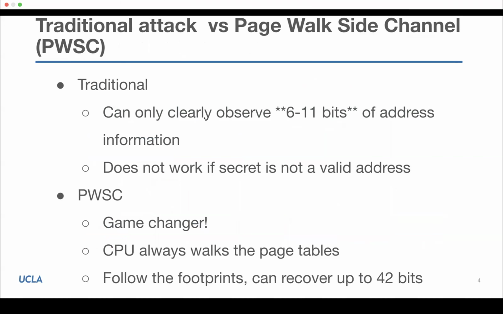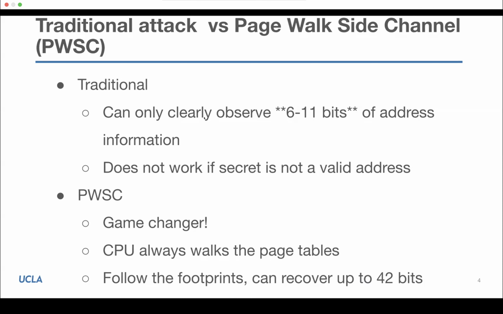It changes everything, because even for an invalid address, the CPU still walks the page tables, and each level leaves a trace in the cache. By following these footprints, the attacker can recover up to 42 bits of the virtual address. This is a massive improvement. It means attackers can piece together almost the entire memory address, giving them far more precise access to sensitive data. Next slide, please.